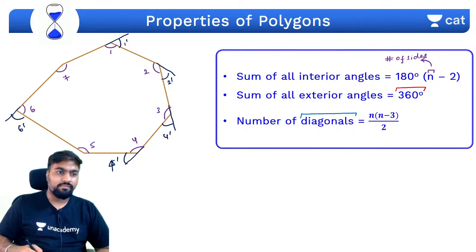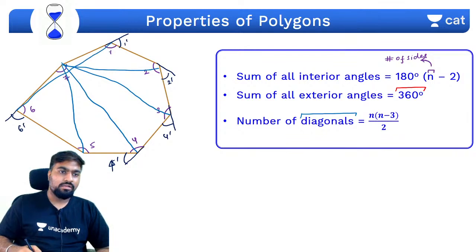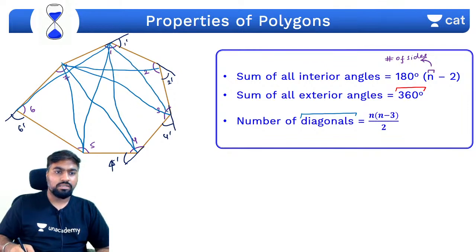So for 7, we would have 7 to 5 as a diagonal, 7 to 4 as a diagonal, 7 to 3 will also be a diagonal, 7 to 2 will also be a diagonal. Getting it? For 1, 1 to 6 will be a diagonal, 1 to 5, 1 to 4, 1 to 3, 1 to 2 is already a side.